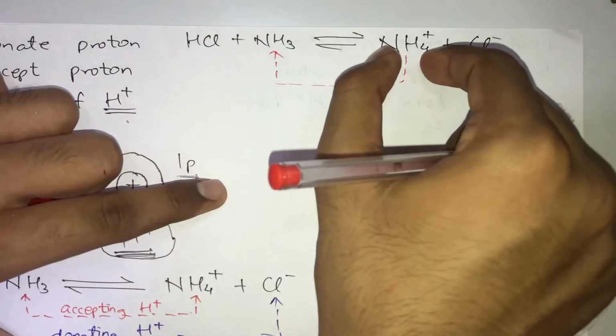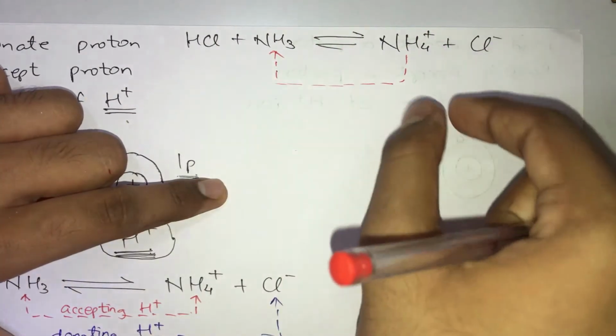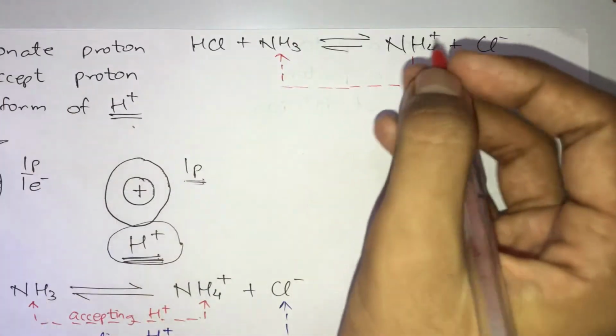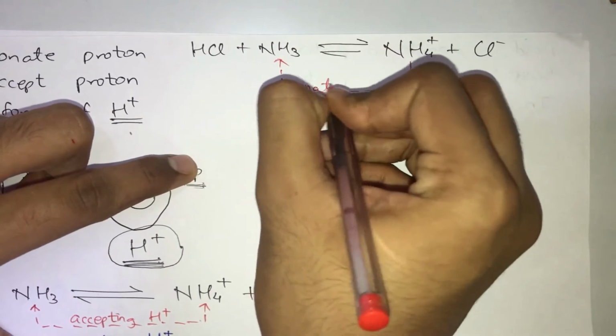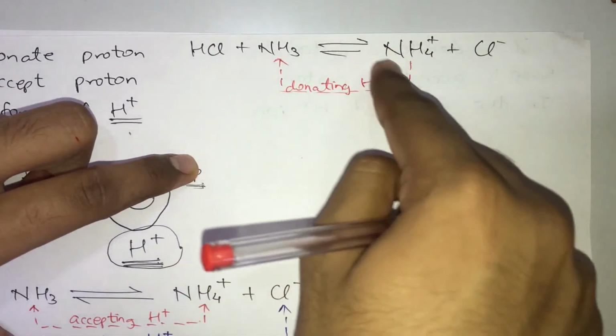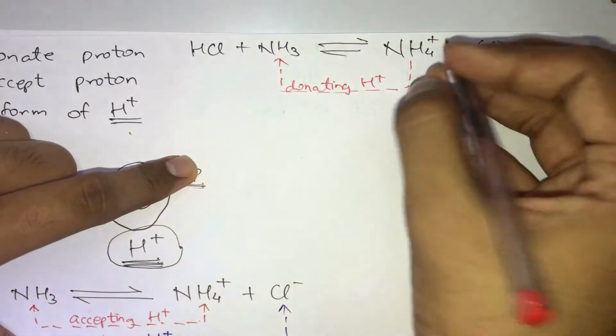This NH4 plus is going to get converted into NH3, and while it is getting converted from NH4 plus to NH3, can I say, guys, it is donating H plus ion? Can you see over here? If you remove an H plus ion from this NH4 plus, you are going to get NH3.